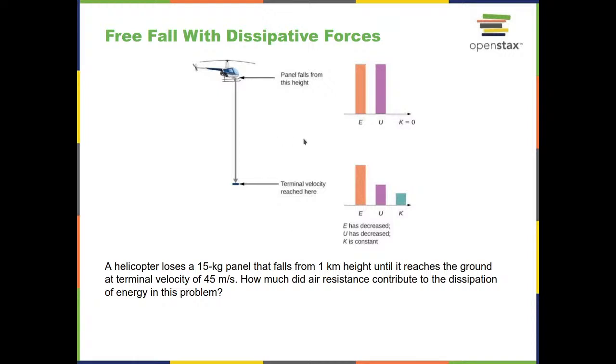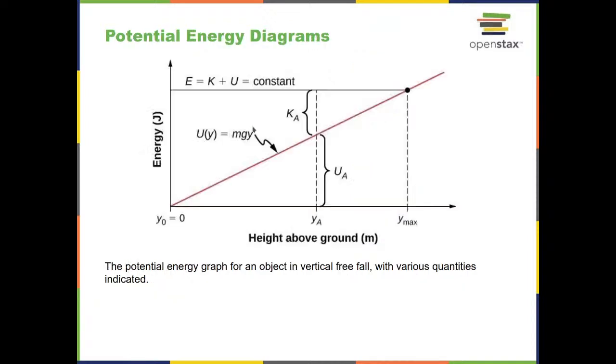In particular, let's think about this last free fall problem, but let's ignore any effects of drag. So it is free fall in a vacuum, or free fall when there's no drag. So the total energy is going to be constant. The total mechanical energy is constant for any height that the object is at.